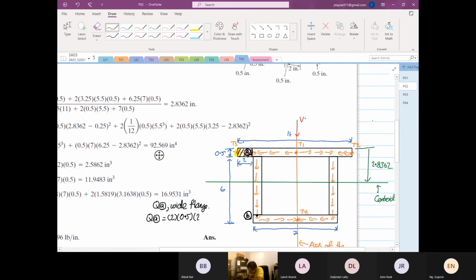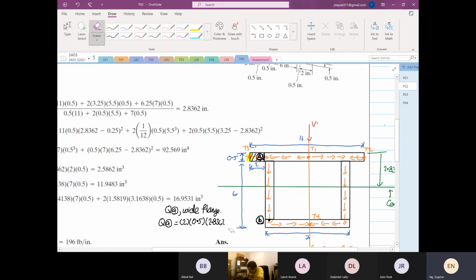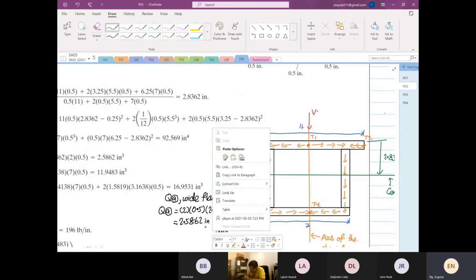Okay, hold on. 2.8362 minus 0.5 divided by 2, right? So this is equal to 2.8362 minus 0.5 divided by 2, times 0.5, times 2, is equal to 2.5862 inches cubed. Okay.